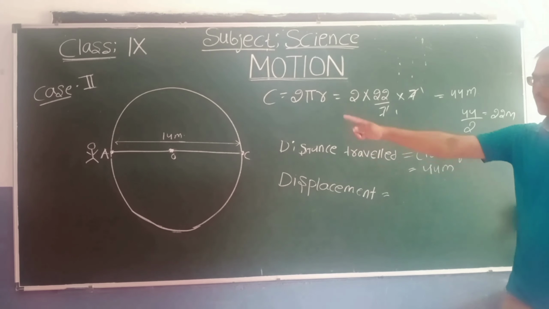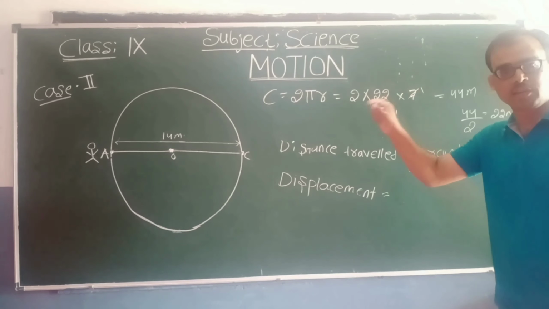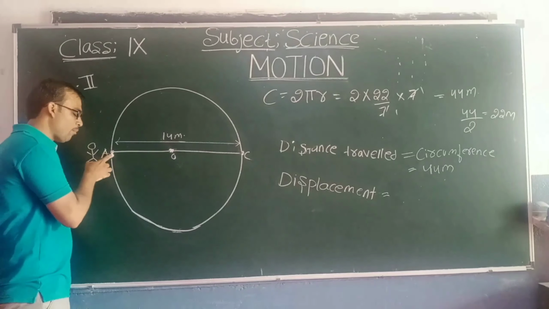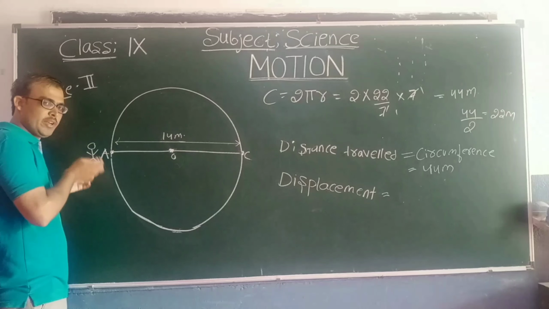Look at that. He has started his journey at A and ended his journey at A only. So in this case, the initial point is A and the final point is also A. Then what is the distance between A and A? 0.